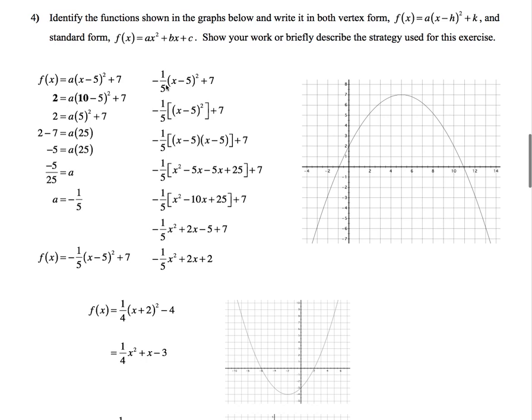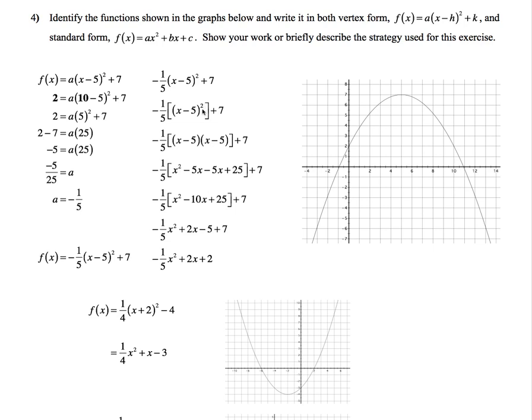So negative 1/5 times x minus 5 squared plus 7. For that, I put square brackets around the x minus 5 squared, because that reminds me that I need to multiply all this out. I need to take care of these parentheses in this exponent before I multiply the negative 1/5.